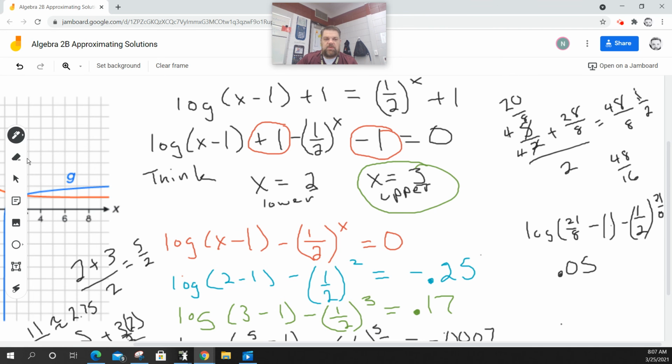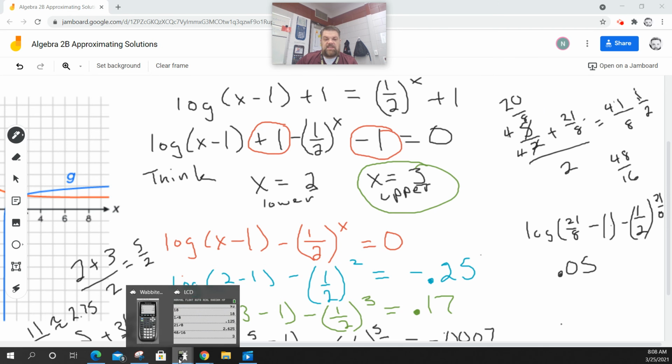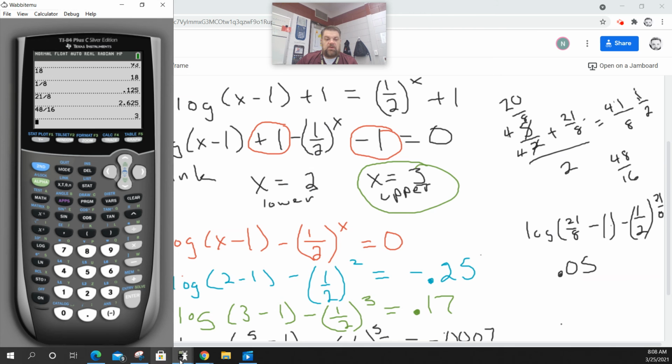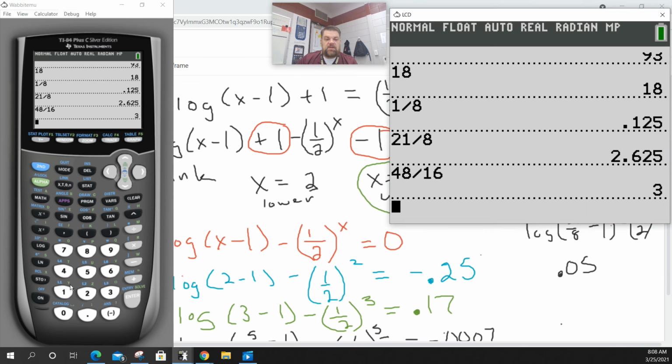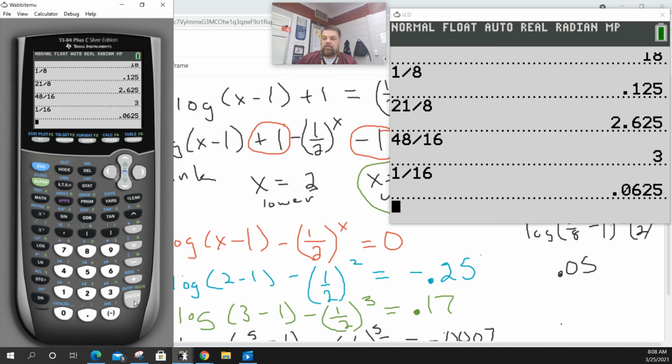Got a typo. It's 21 over 8. Whoops. So it'd be 41 over 8. Got excited. So anyways, 16th. I've got to figure out what my incremental is. So I just say 1 divided by 16. So it's got to be 0.0625 is what I've got to change in here.